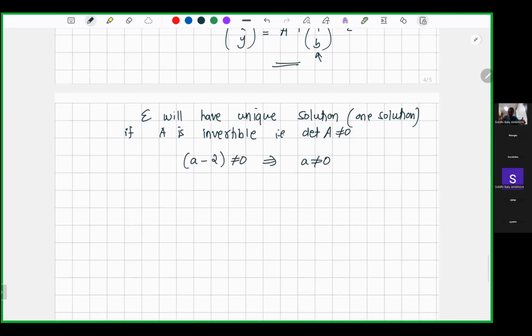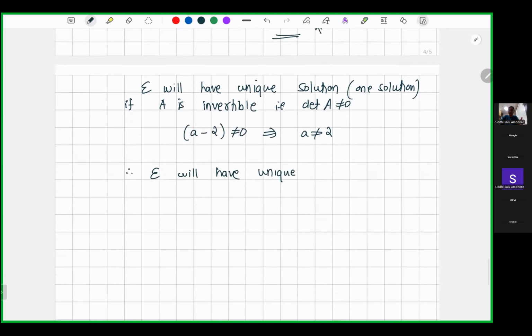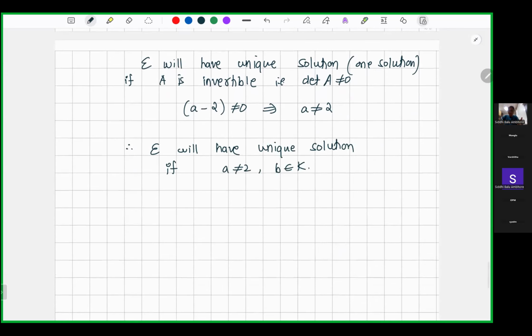Therefore the system will have a unique solution if A is not equal to 2 and B is any element of K. This is the only condition we need for the system to have a unique solution.